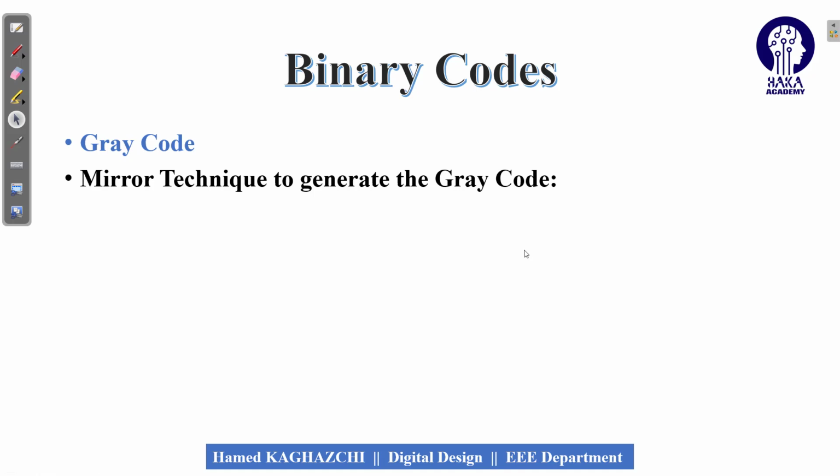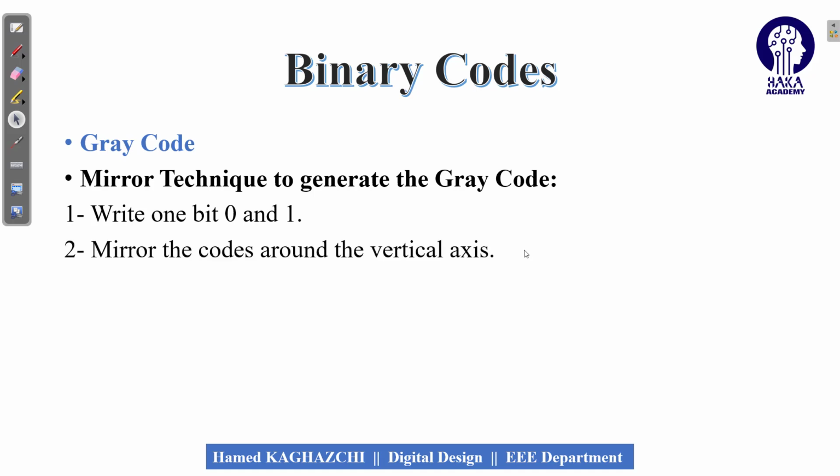We have one technique which is called the gray mirror technique. Using this technique, we can generate the gray code. The first step is that we write the 1 bit codes 0 and 1. Then we mirror the codes around the vertical axis.